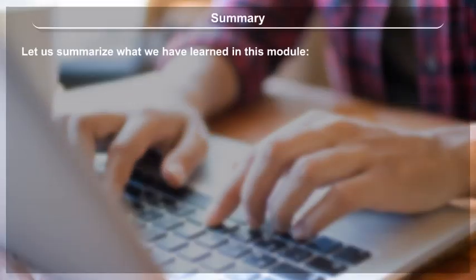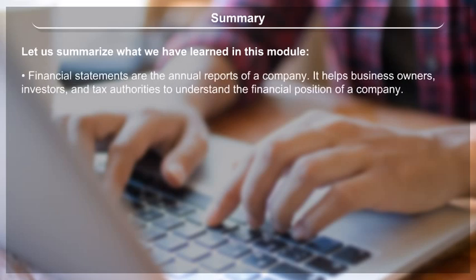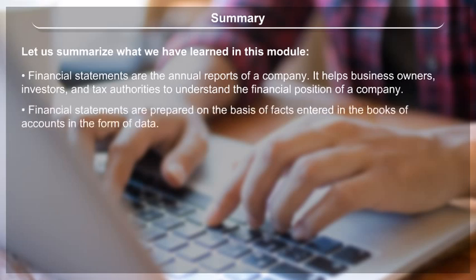Summary. Let us summarize what we have learned in this module. Financial statements are the annual reports of a company. They help business owners, investors, and tax authorities to understand the financial position of a company. Financial statements are prepared on the basis of facts entered in the books of accounts in the form of data.